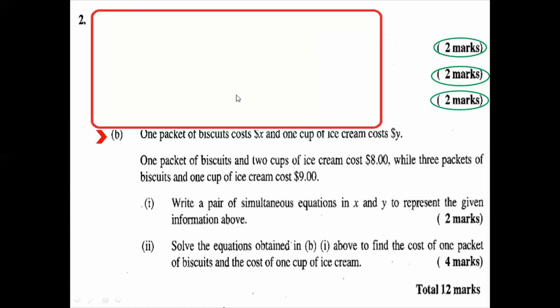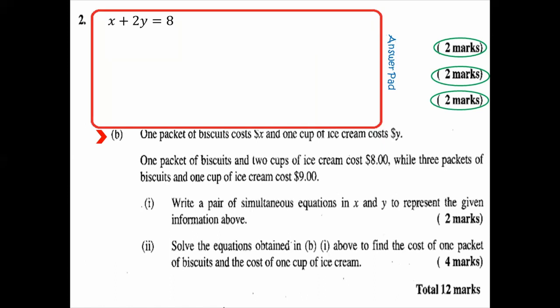1 packet of biscuits costs x dollars and 1 cup of ice cream, y dollars, right? The situation is that now 1 packet of biscuits and 2 cups of ice cream costs $8, right? 1x plus 2y equals 8. And then that's one of our equations.